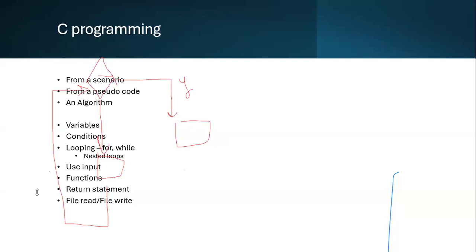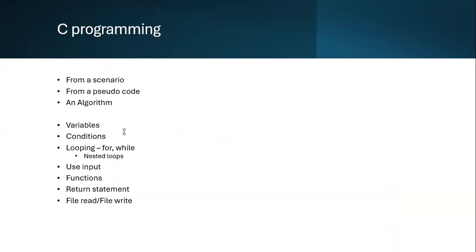Right. Let's see. Under C programming, what are the things that you are supposed to understand? There might be many scenarios in the C programming questions. One could be a scenario, that means a given set of paragraphs. From these paragraphs, you should be able to grasp the core concepts that we want to implement in a real world scenario.